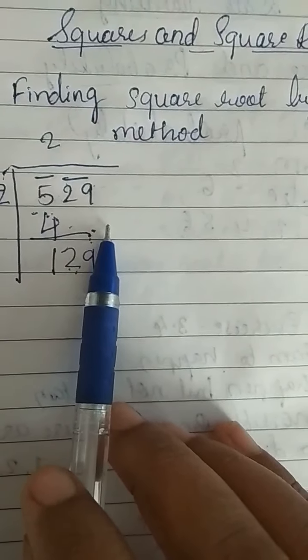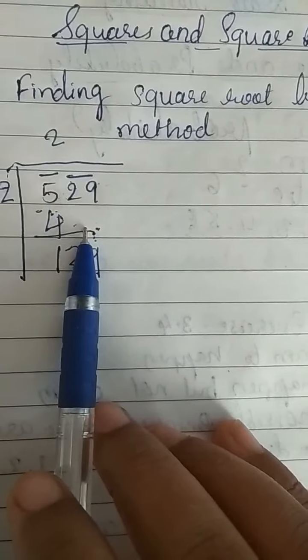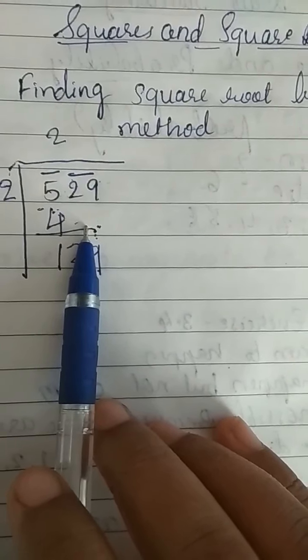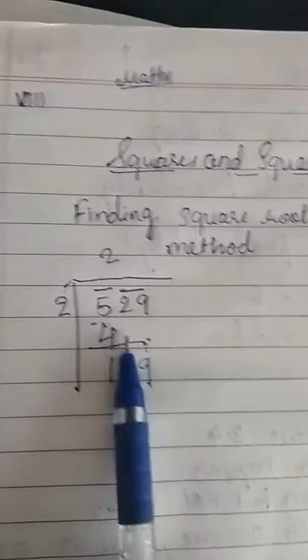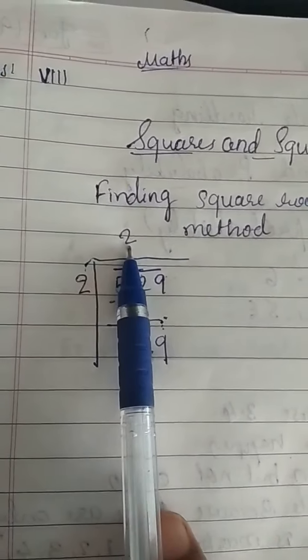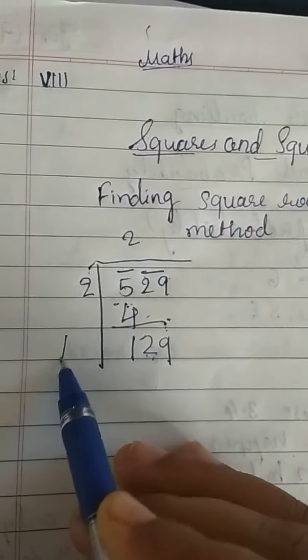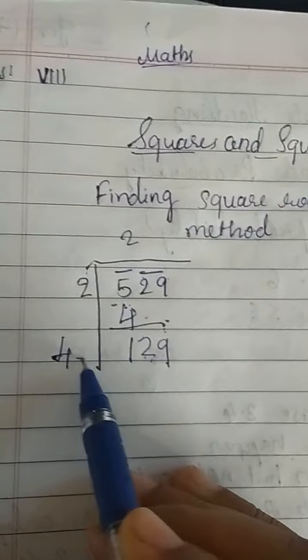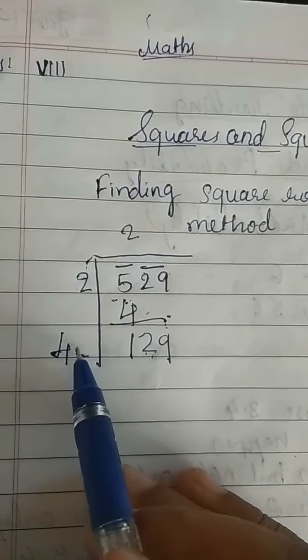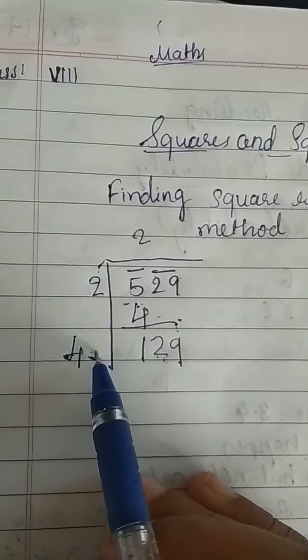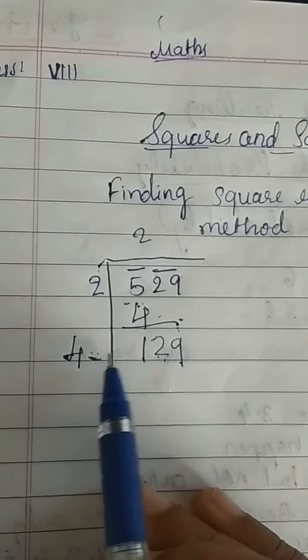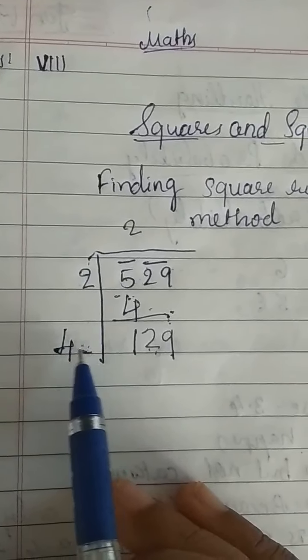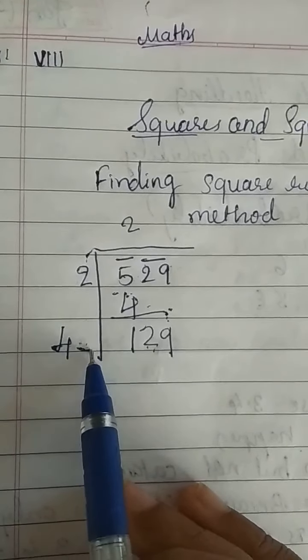Double the quotient and enter it with a blank on its right. So in the next step we have to double the quotient, that is 4, 2 plus 2 is 4, and 1 place we have to leave here, 1 digit. So one blank.